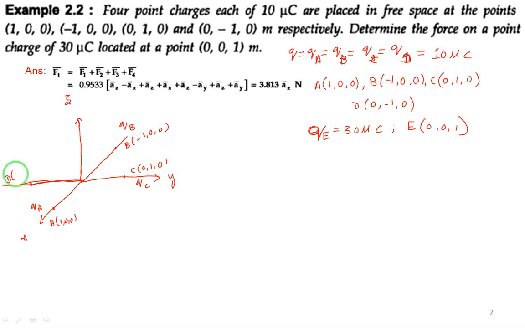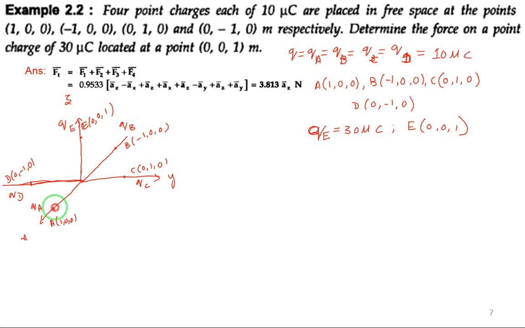D of 0, minus 1, 0 is where QD is located. These are the four charges: QA, QB, QC, QD. Then what is the total amount of force acting on charge QE due to the other charges? The coordinate E is 0, 0, 1 on the Z axis, where charge QE is located.